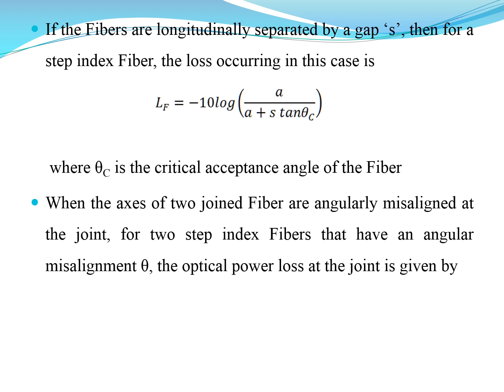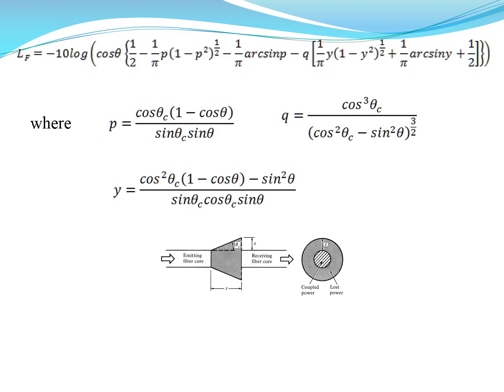Then when the axes of two joined fibers are angularly misaligned at the joint, for two step index fibers that have an angular misalignment theta, the optical power loss at the joint is given by LF equal to minus 10 log of cos theta into [1 by 2 minus 1 by pi into P into (1 minus P squared) to the power half minus 1 by pi into arc sine of P minus Q into (1 by pi into y into (1 minus y squared) to the power half plus 1 by pi into arc sine y plus 1 by 2)], where P, Q and Y are given by these three expressions.